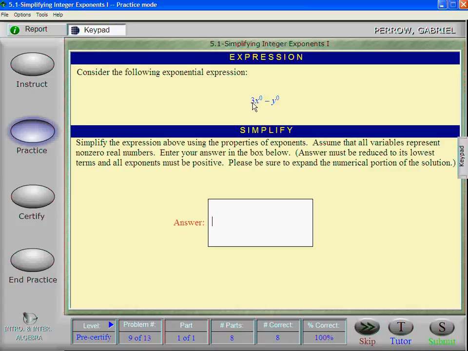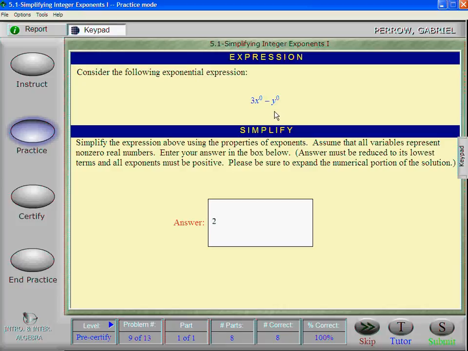So what this will become is 3 times 1, take away 1. Okay, you're not going to raise 3 to the 0 power, but just x to the 0 becomes a 1. 3 times 1 is 3. And then because y to the 0 will become a 1, and you'll be taking it away, it's 3 minus 1 equals 2.